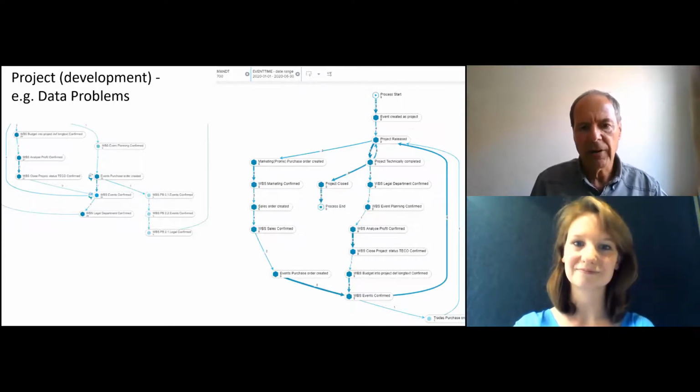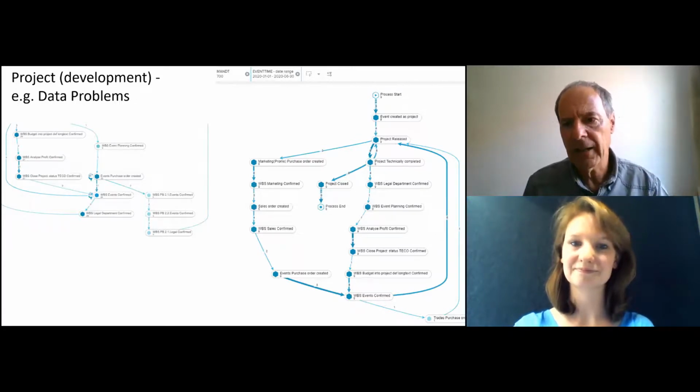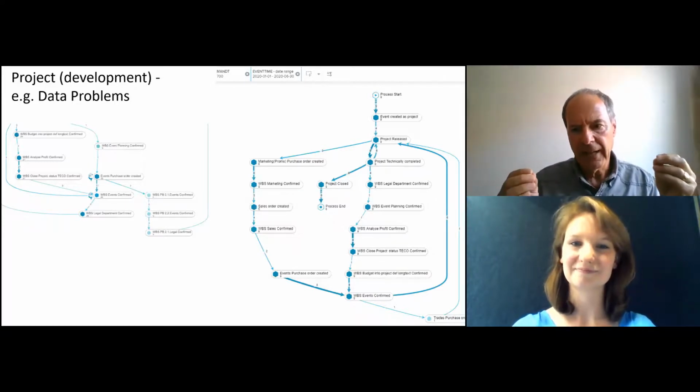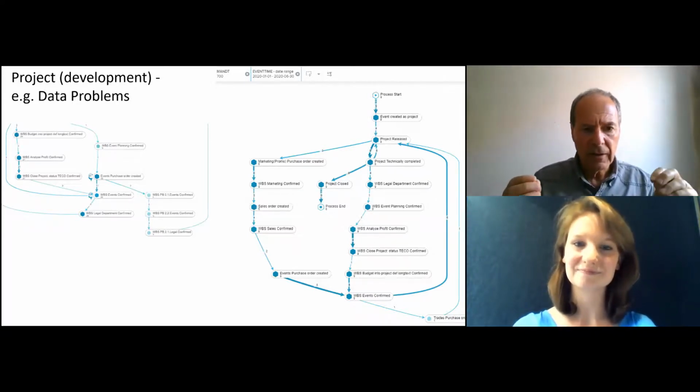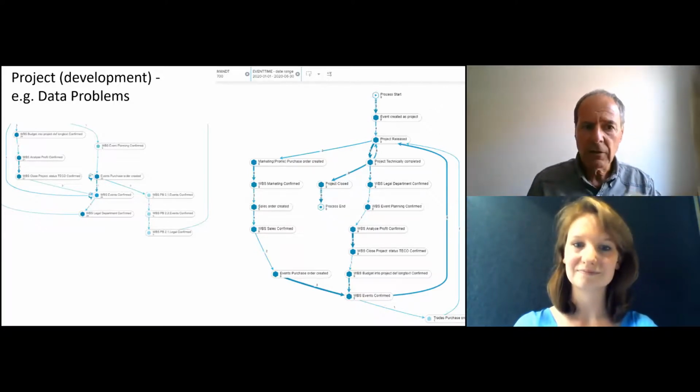And then they said, okay, now we have a set of data that is standardized so that we think the next group can start analyzing. So in this case, they're really focusing on data, on what is necessary to be able to get those analyses done in Celonis.